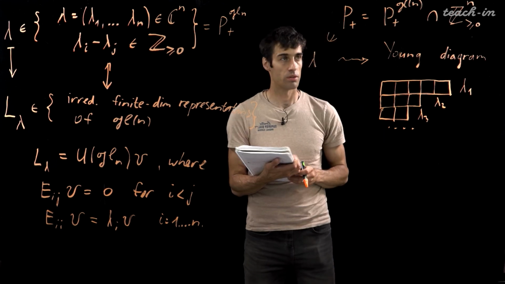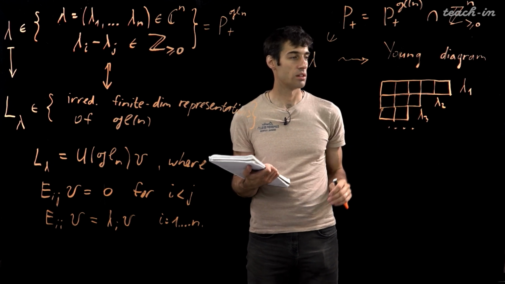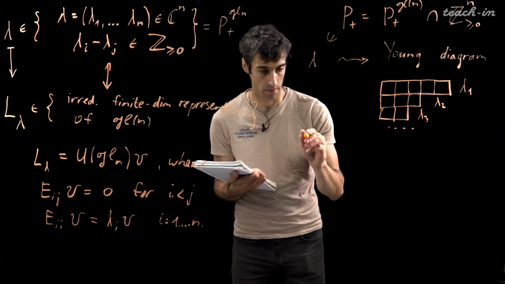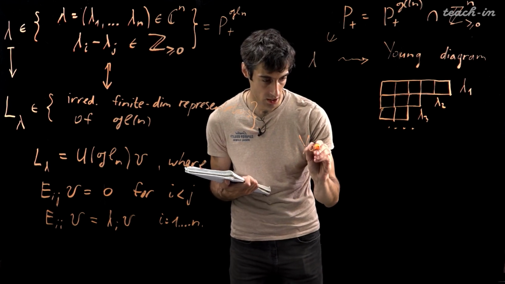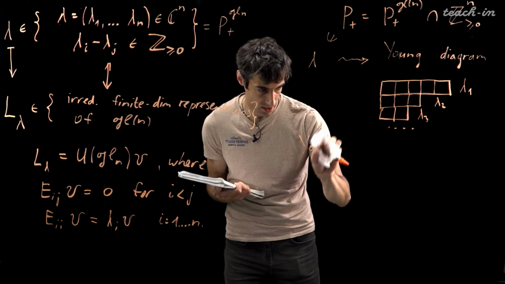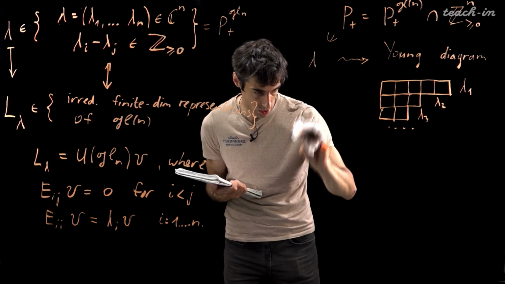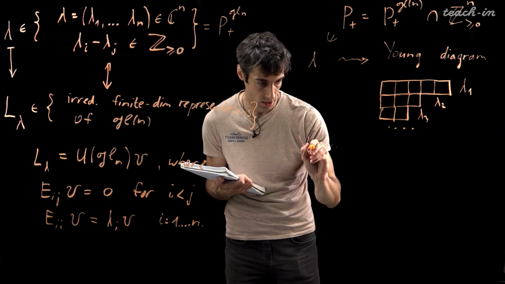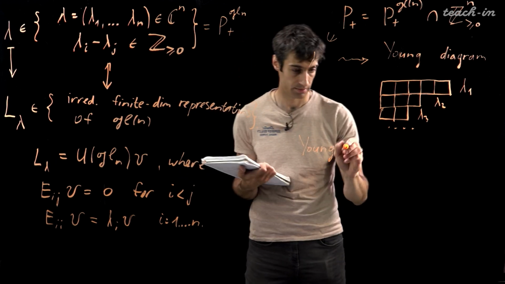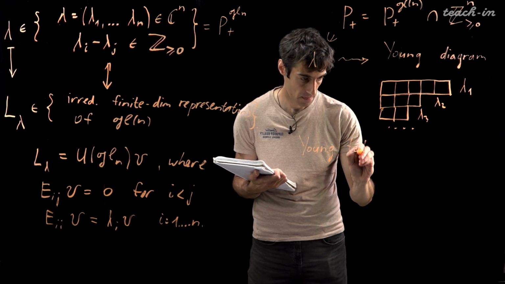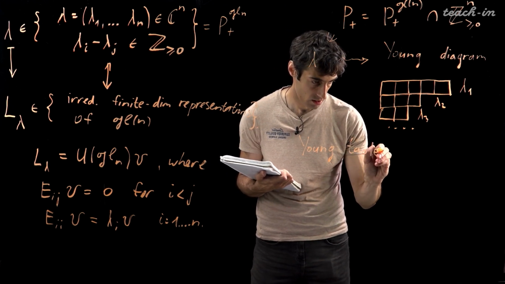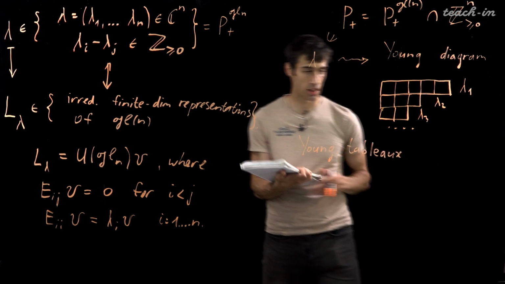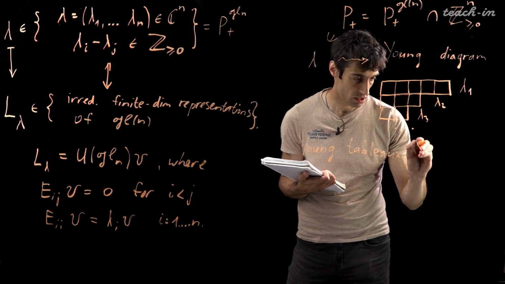Okay, so now these are already very important combinatorial objects, but let me introduce more. Let me introduce what is called a Young tableau, and I will abbreviate it as YT.